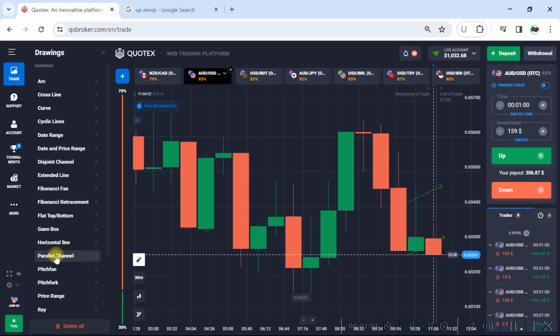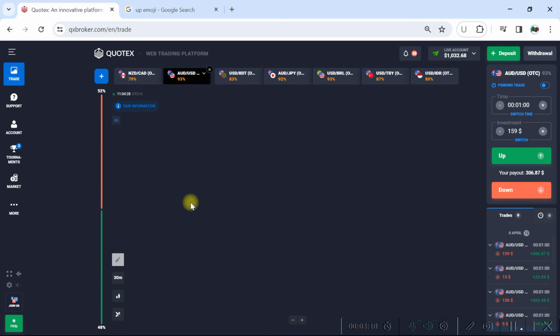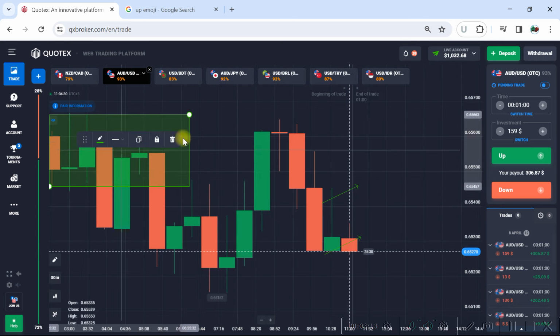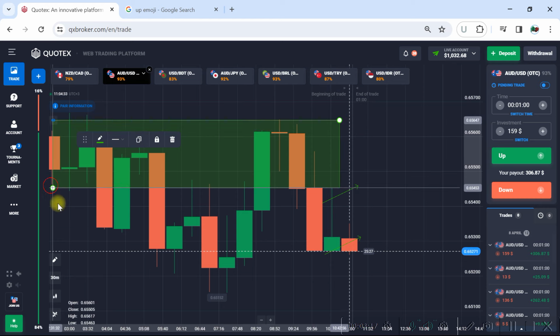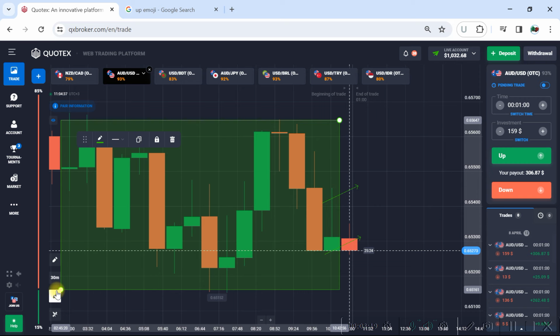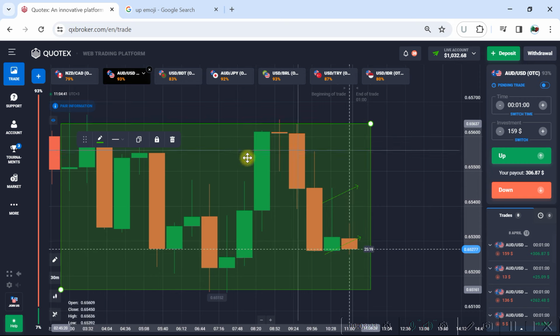Let me just get a rectangle so that I can show you what I mean. This is a channel where price has been stuck for some time now. This is a 30 minutes time frame, and you can see that price has been moving from the top, to the bottom, to the top.